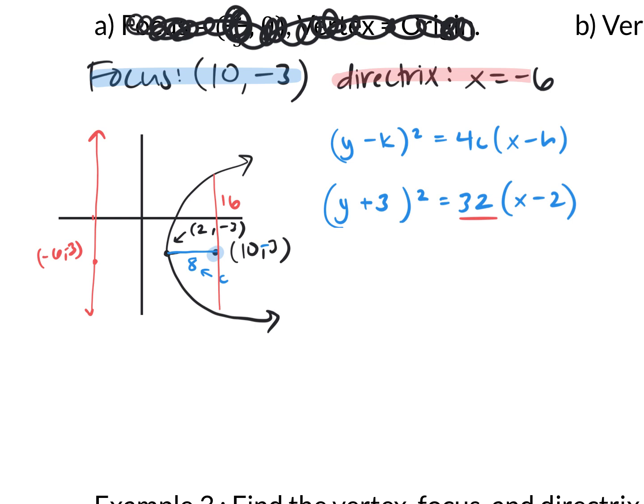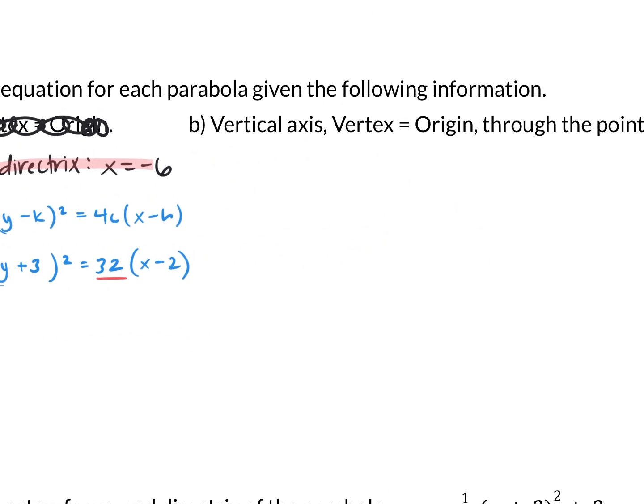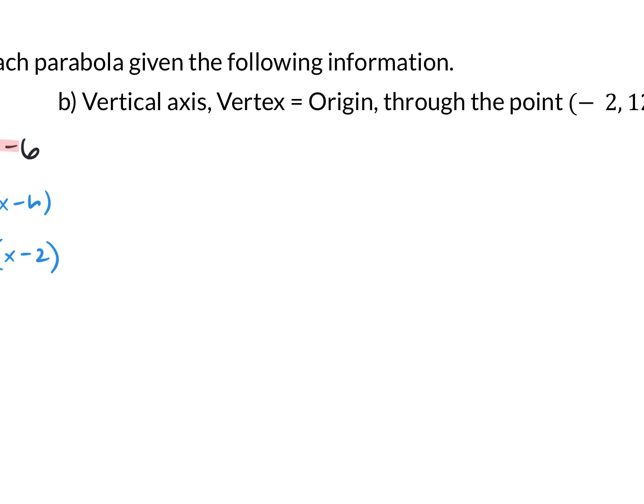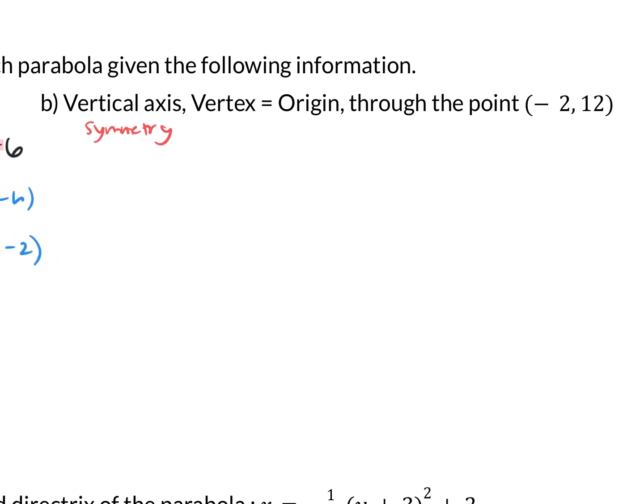Yeah? Okay. Let's do one more example and then we'll be done. Letter B says that our vertical axis, this is the line of symmetry. Our vertex is the origin, then it's going through the point (-2, 12).